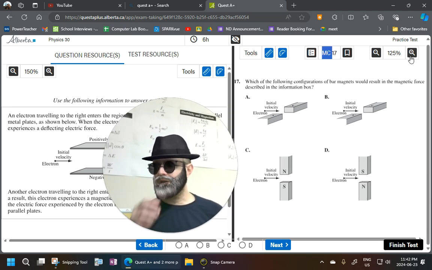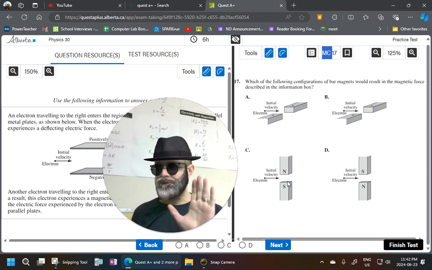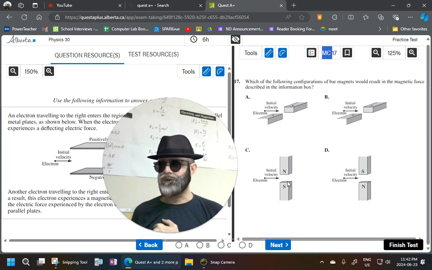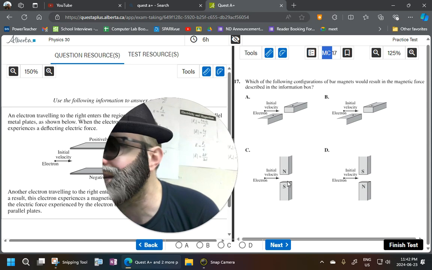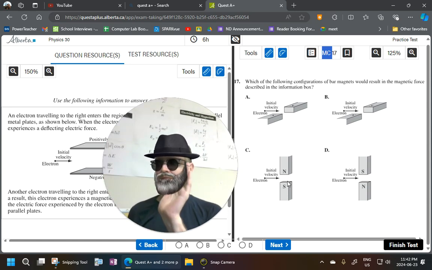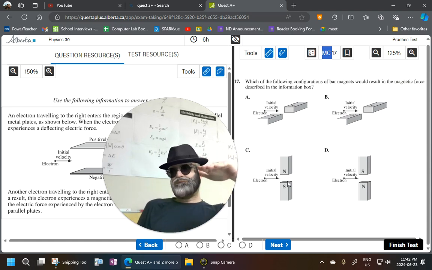Okay, so we've got to use our hand rule here. Got left hand, north to south. Okay, so it can't be C. It can't be D because they're going the wrong way, right? Into the page, out of the page. So that's not going to work. So it's got to be A or B. You have to look very carefully at those N's and S's. Those are really hard to read sometimes. They're trying to do a three-dimensional picture, out of the page.